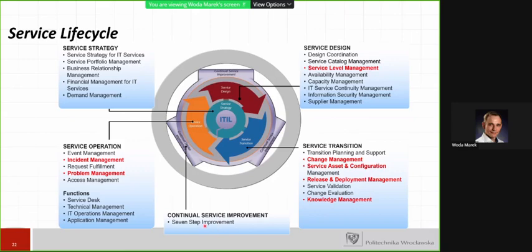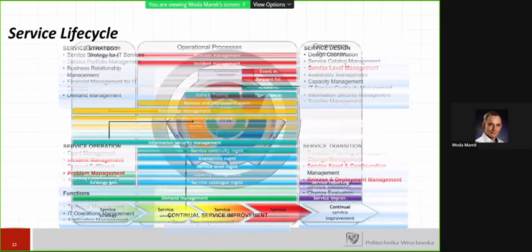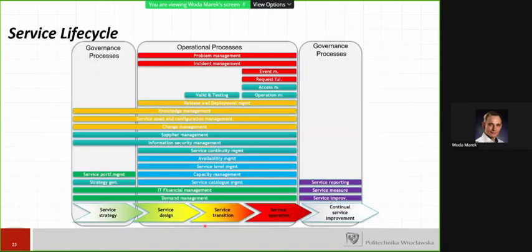So this diagram, what you can see here, is a different form of presentation. And you can see in which phase of this service lifecycle these processes can be executed. So from the service strategy to the service operation, you can see, for example, that IT financial management is stretched, or demand management.